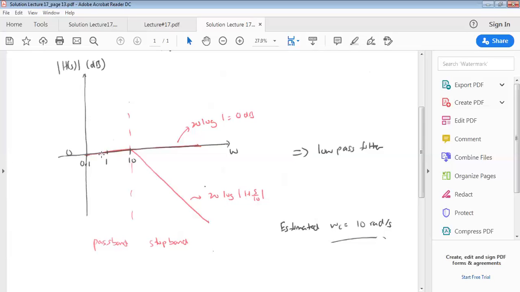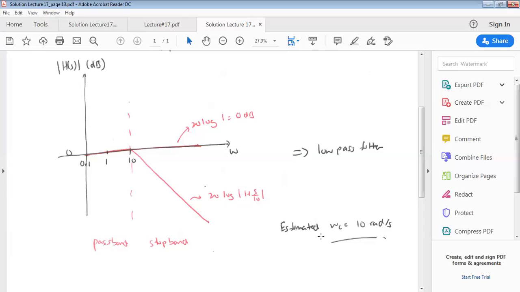Less than 10 will be a pass band, a constant amplitude of 0 dB. Whereas for a frequency higher than 10 radian per second will be a stop band. So this slope here represents a stop band region, and that should be a pass band region. So this is a low pass filter.